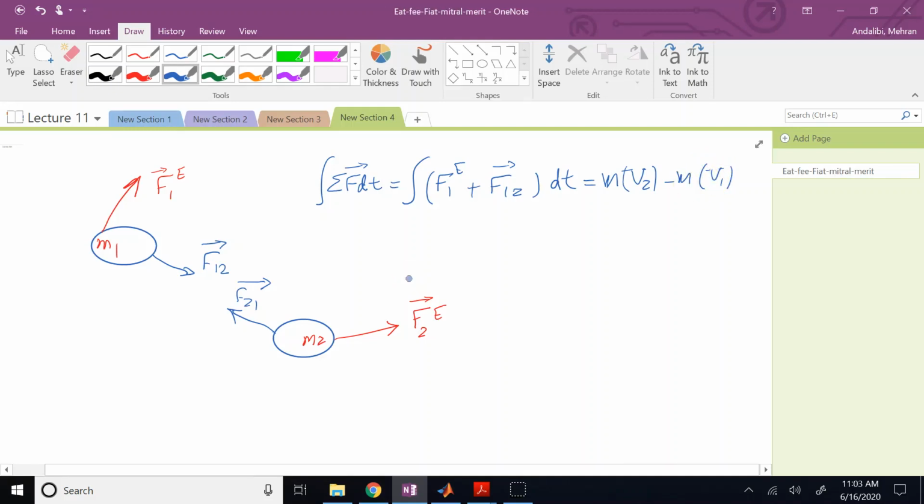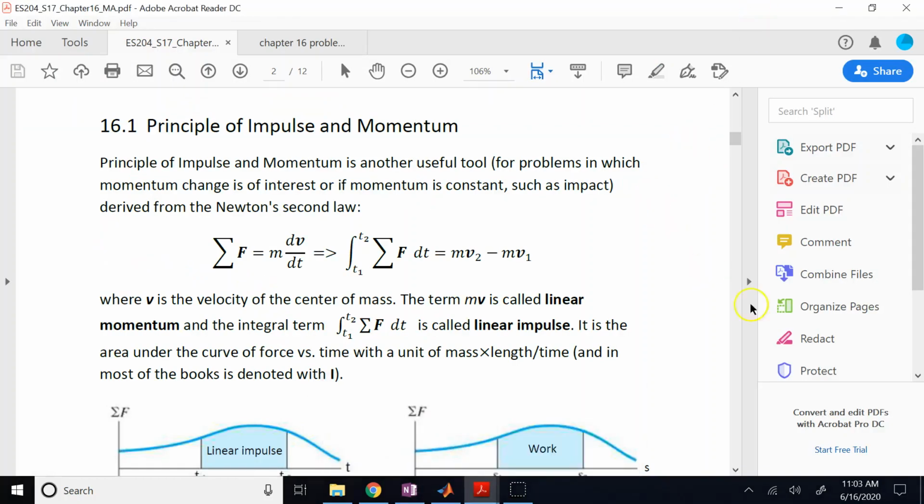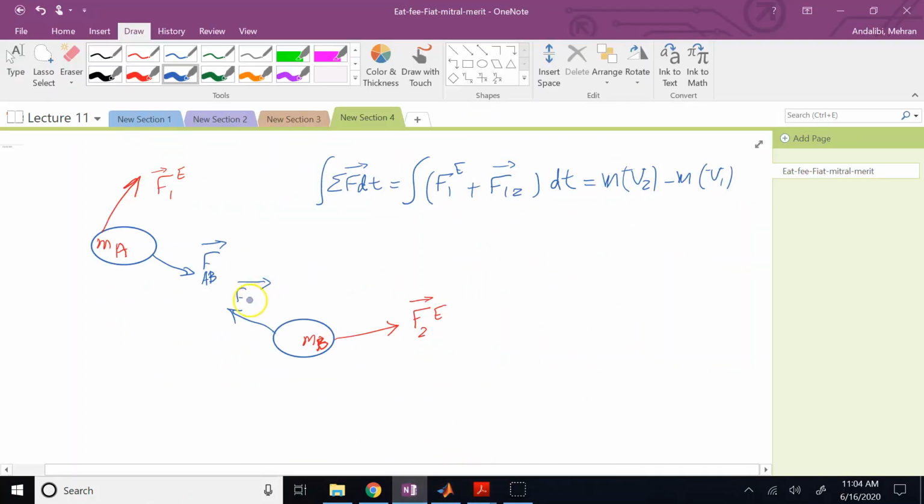Let's just not use 1 and 2. Actually, let's go with the textbook naming. Call them MA and MB, because that makes life easier, since here we are using 1 and 2 for time points, not for objects. So I would call this FAB, using the same notation as your textbook so that you don't see 10 different notations, and this is FBA.